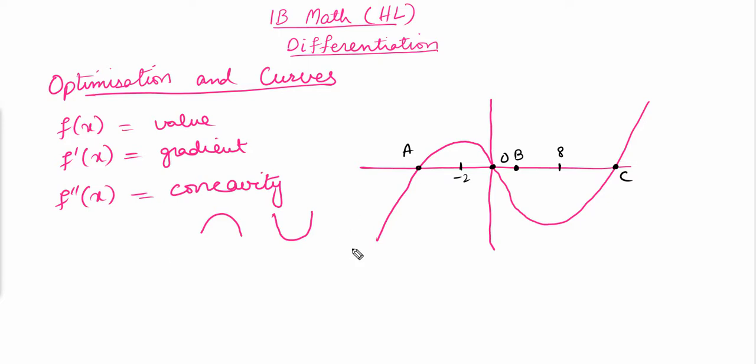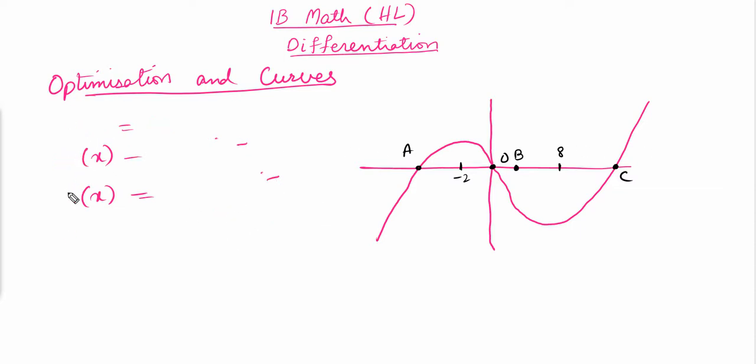So let's apply these values at all of these points, and we'll discuss the nature. So at f of a, at this point the value of y is 0. At f dash of a, that is basically the gradient of the tangent.